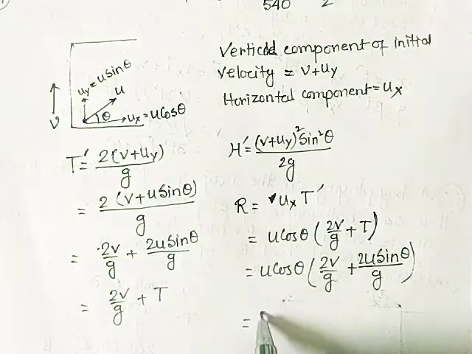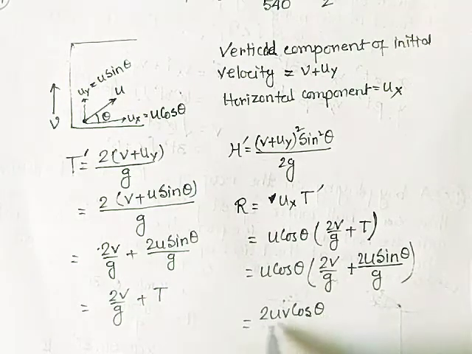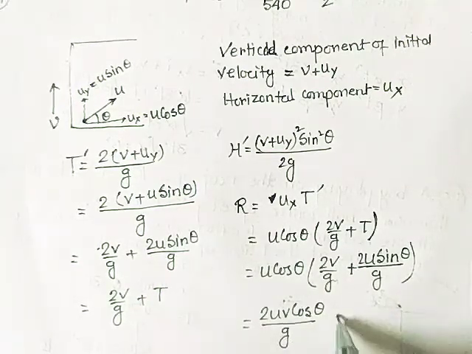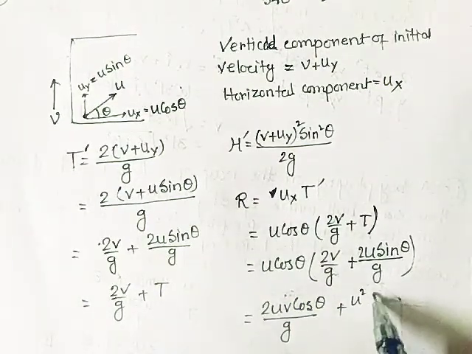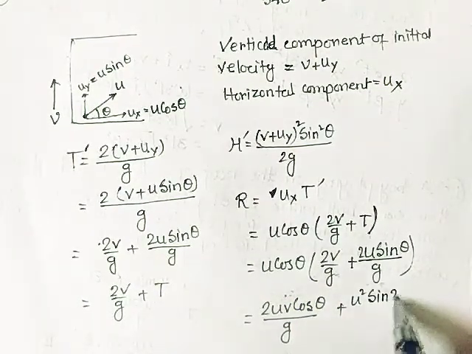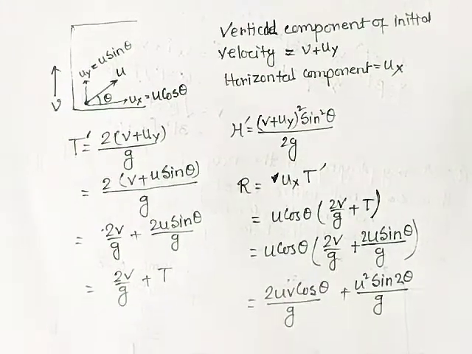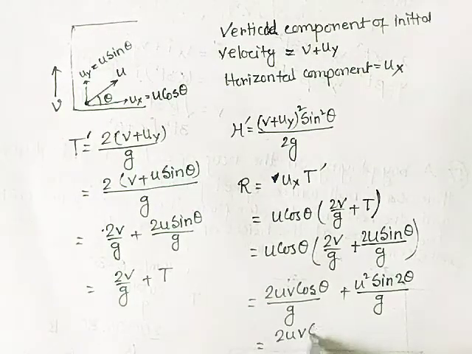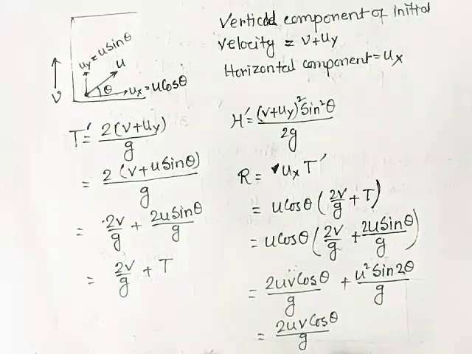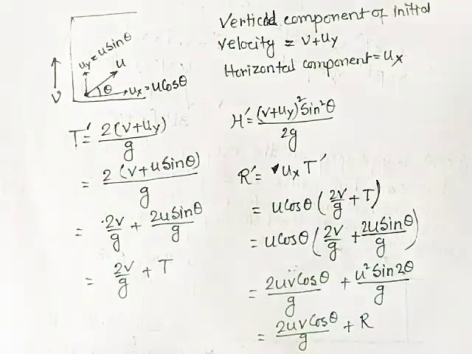Multiplying, this will be 2uv cos theta divided by g plus u square sin 2 theta divided by g, so 2uv cos theta divided by g plus R. Then I call it R prime.